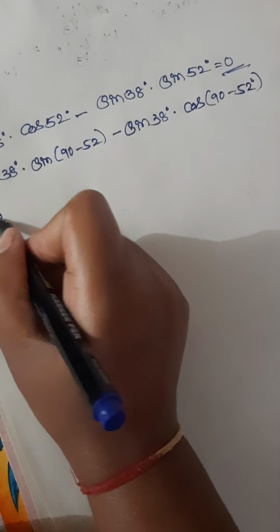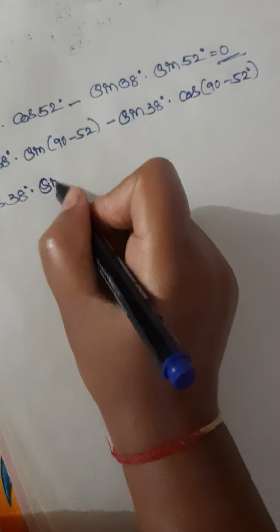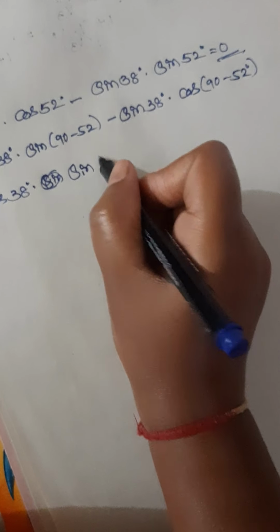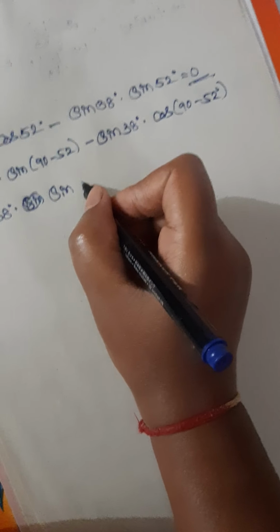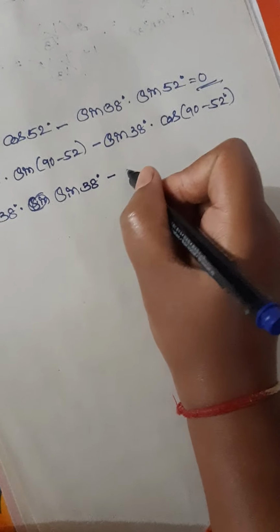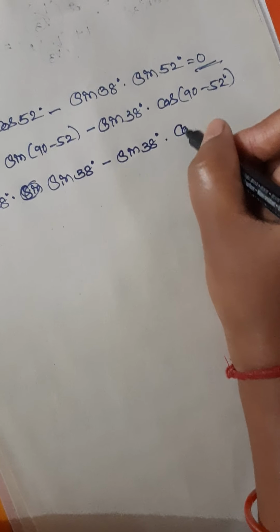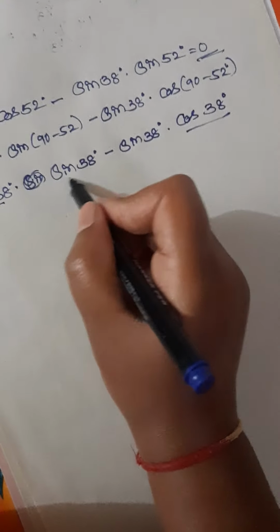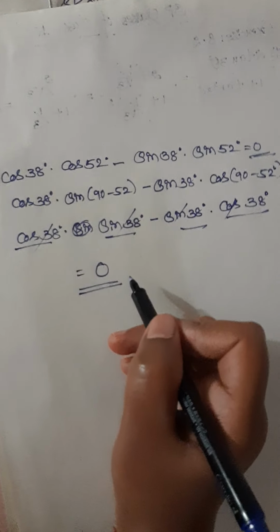Cos 38 degree, sine 90 minus 52, how much will it be? It is 38 only, minus sine 38 degree into cos 38 degree. See, cos 38, sine 38, sine 38, all are equal, so cancel this one. We got 0. Hence, we proved this one also.